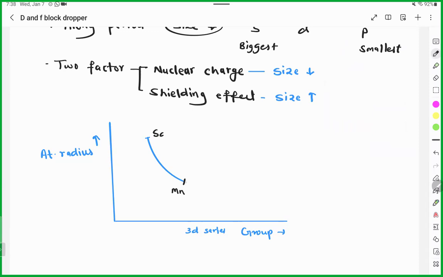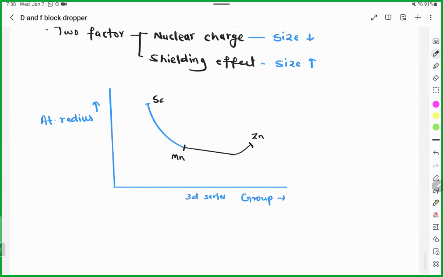Then from manganese to copper, it more or less remains the same. And then it slightly increases in the case of zinc. So this is an abnormal trend. From scandium to manganese, it is sharply decreasing. Manganese to nickel or copper, it is almost the same. And in the case of zinc, it is decreasing. And a question will be asked, what is the reason?